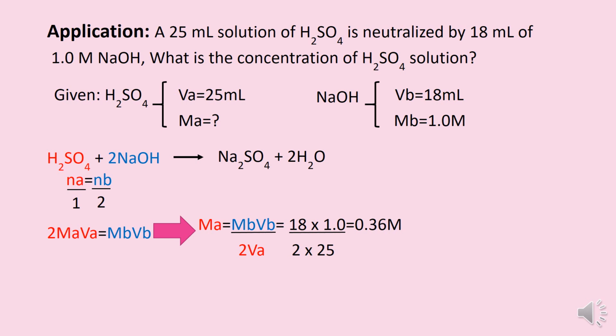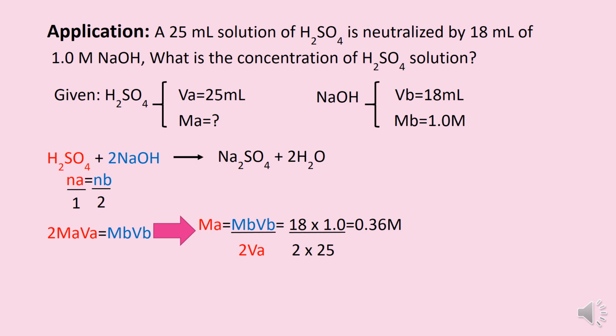Now the relation at equivalence point, we have here mole ratio is 1 to 2. What does it mean? 1 mole of the acid is required to neutralize 2 moles of the base. So the Na over 1, which is the number of moles of the solute of the acid H2SO4, equal Nb, which is the number of moles of the solute NaOH over 2.